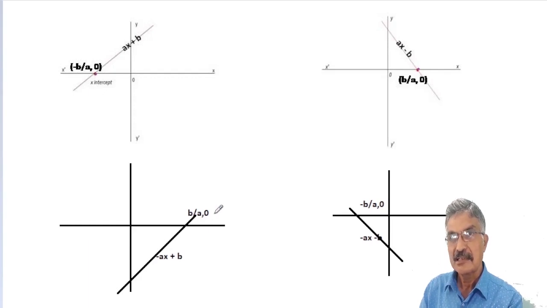That is, the line meets the positive side of the x-axis. Here, if the coefficient of x is negative and the constant term is negative, then the line will meet the negative side of the x-axis, and the point is (-b/a, 0). So these points are all the zeros of the linear polynomial.